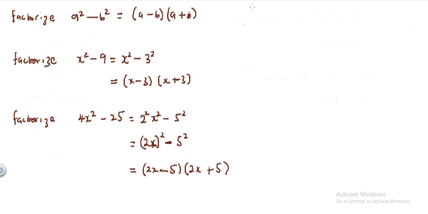Let me give you a question to try. Factorize 2x squared minus 32. You can pause the video and try to solve this one yourself. Like we did with the first few ones, we look whether there's a common term in our quadratic expression. In this case, there's a common term, so we can say 2, open brackets, x squared minus 16.